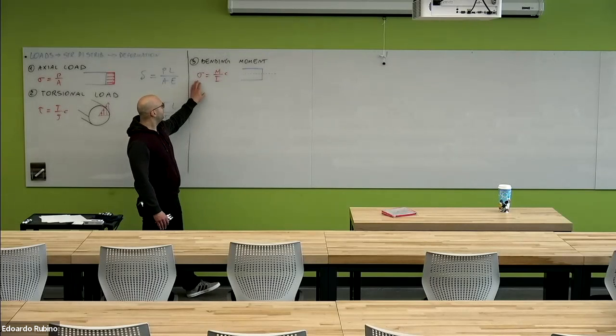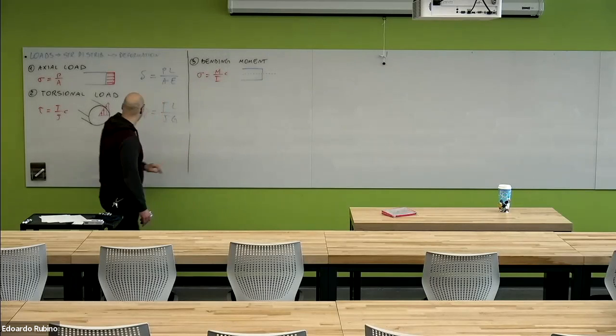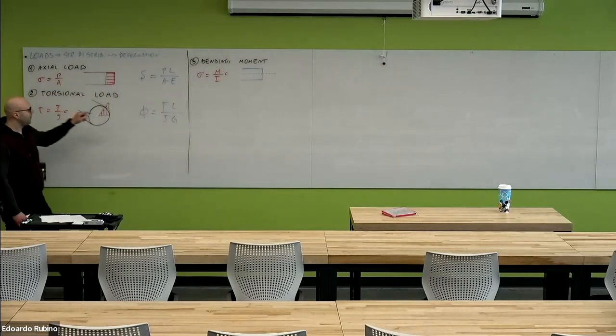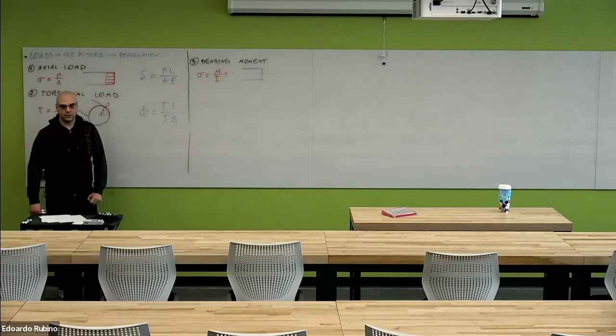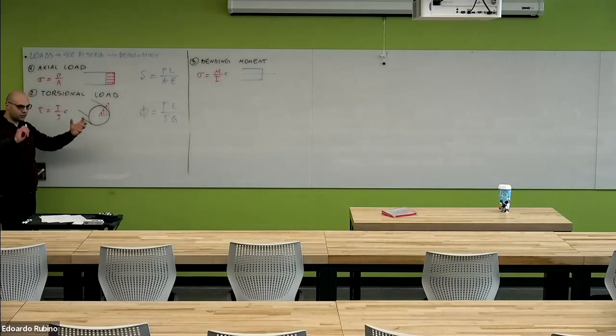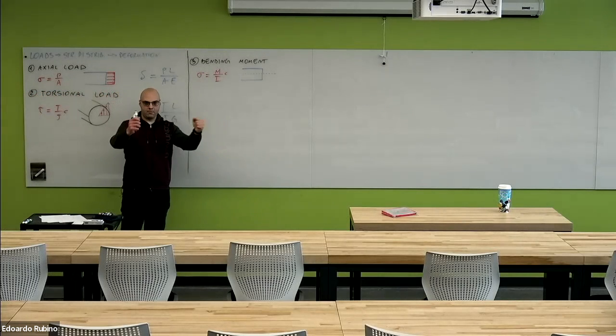This equation is basically analogous to this equation here. They are both related to a certain moment applied on a beam. In this case, we have the torsional load, so we are twisting the beam. In this case, we have a bending moment, so we are bending the beam.